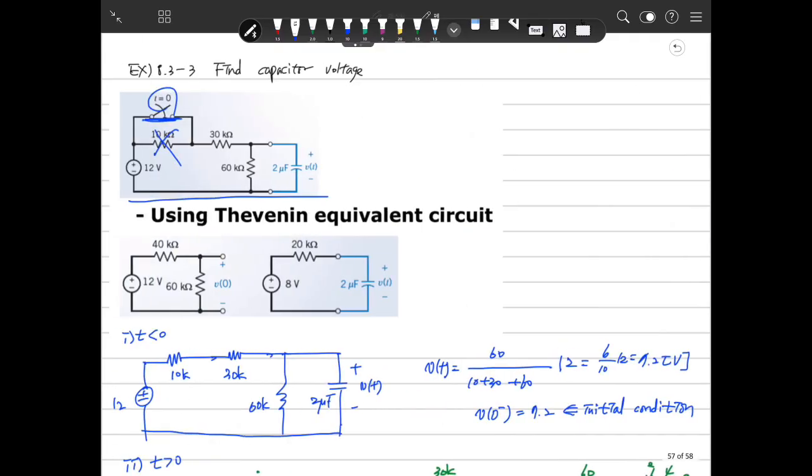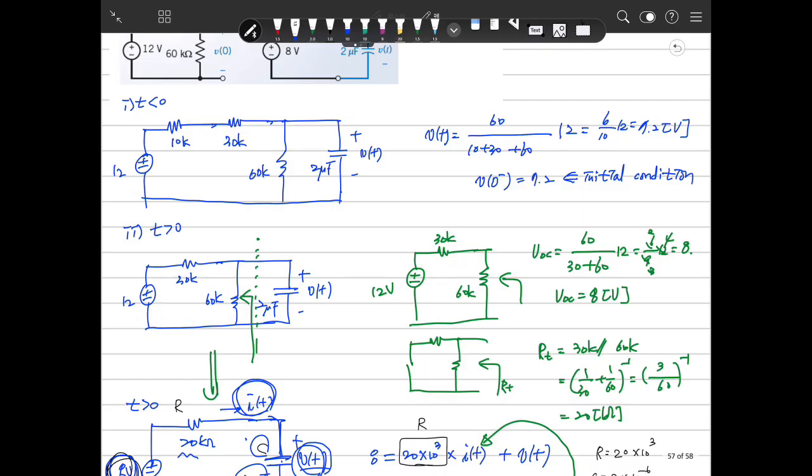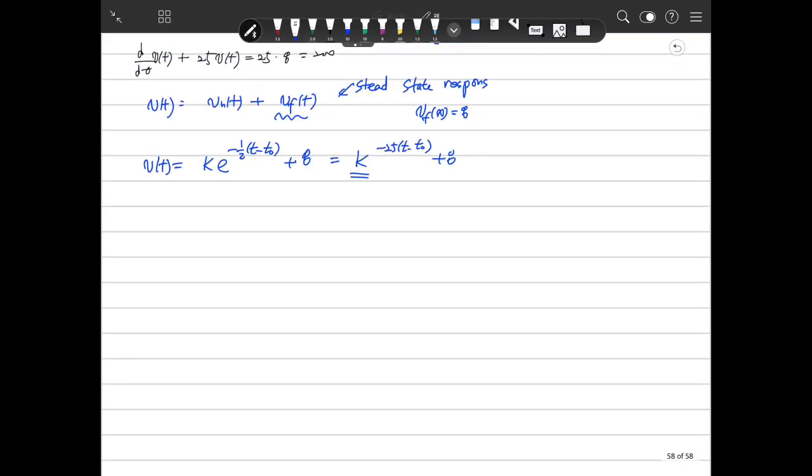We have to use the initial condition. When t is 0, that value is 7.2. So V(0 minus) is 7.2. So V(0 minus) is equal to V(0 plus), which is 7.2 because t is 0. So k plus 8. Therefore, k is minus 0.8.